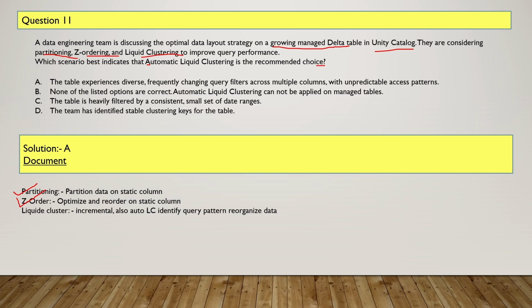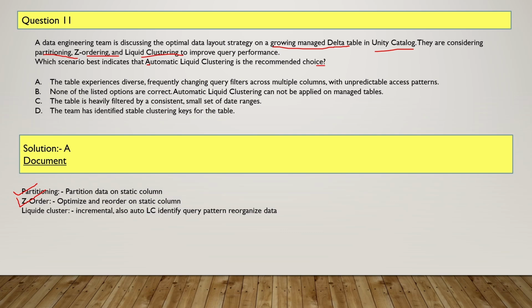OPTIMIZE is nothing but, if we have n number of small files, and we run the OPTIMIZE command, it will merge all the files and create a few larger files. What Z-order does on top of OPTIMIZE is, if we pass the ID column or anything, Z-order rearranges that particular partition or the files, so that in the future, if we use that table in a where clause, it will use that ordered file and fetch the data.